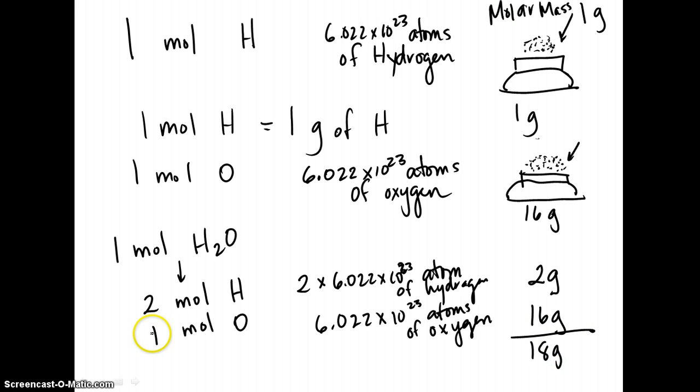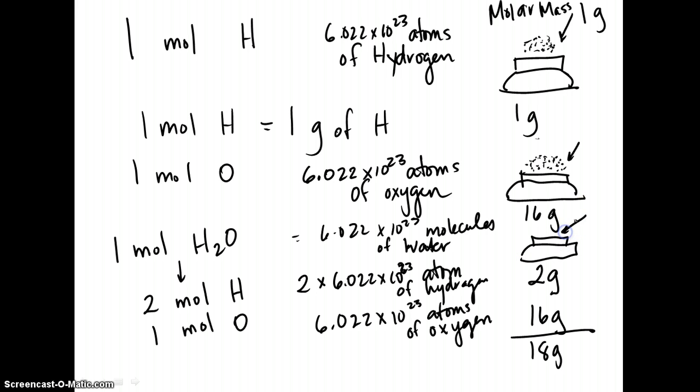That means 1 mole of water, which is 6.022 times 10 to the 23rd molecules of water, if I place all of those on my measuring scale, they would work out to be 18 grams.